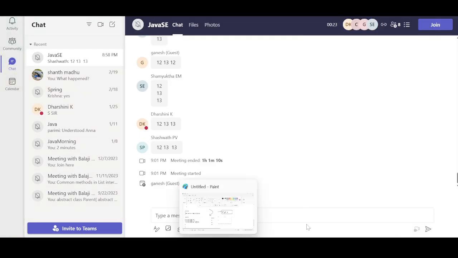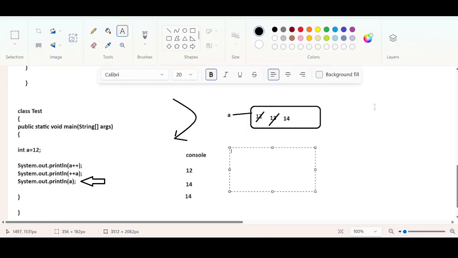Okay. Sorry, we got interrupted due to time restrictions. I was saying, the bottom line is when you see post increment, two operations have to be performed.